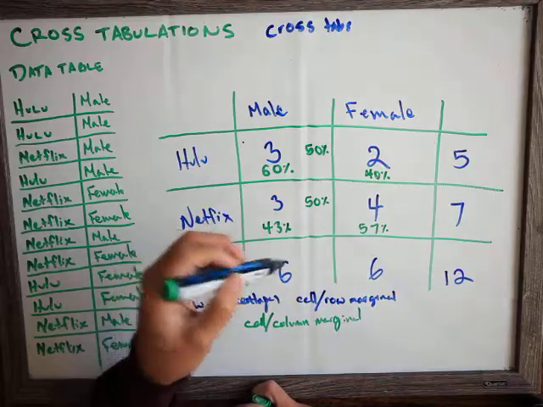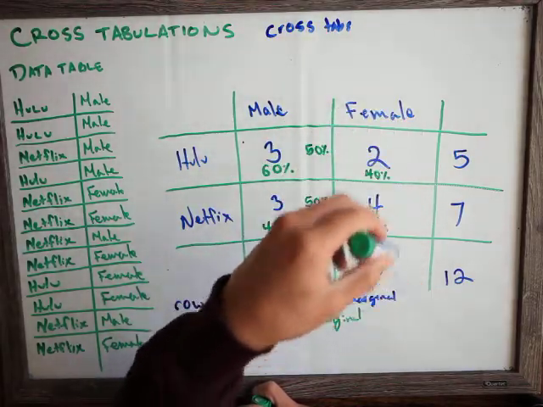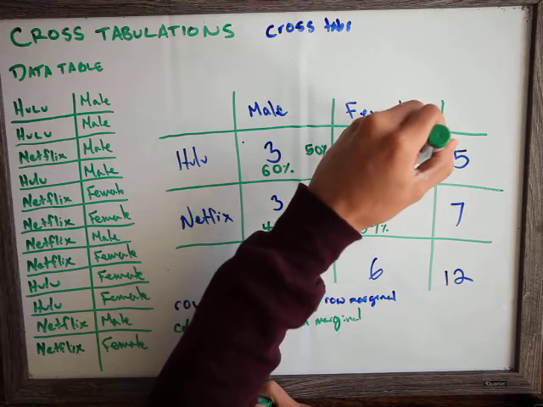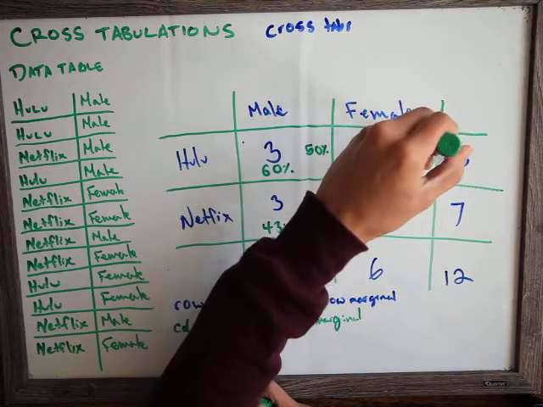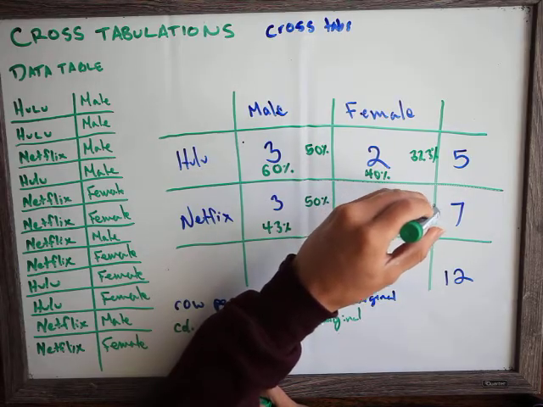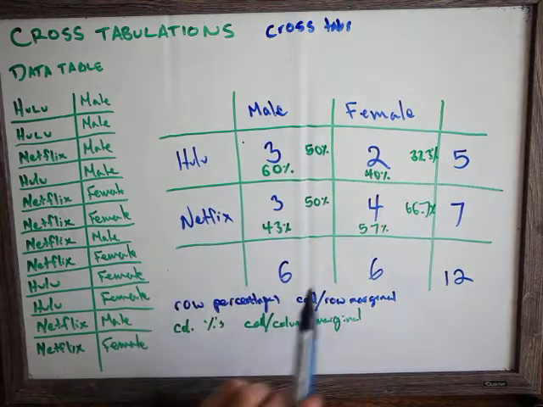Now let's do the female column percentages. 2 divided by 6 is 33.3%, and 66.7% of females watch Netflix.